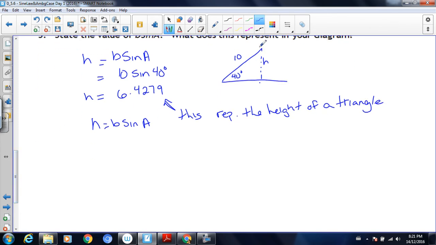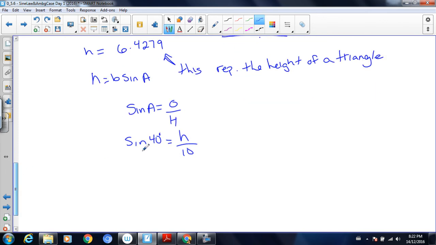Now, why is the height B sine A? Well, think about this. Remember, this is a right angle triangle. If I want to find this side, using my right angle triangle property, SOHCAHTOA, this side is my opposite side, and I have my hypotenuse. Remember, sine of angle A is equal to opposite over hypotenuse. So sine of 40 is equal to h over 10.